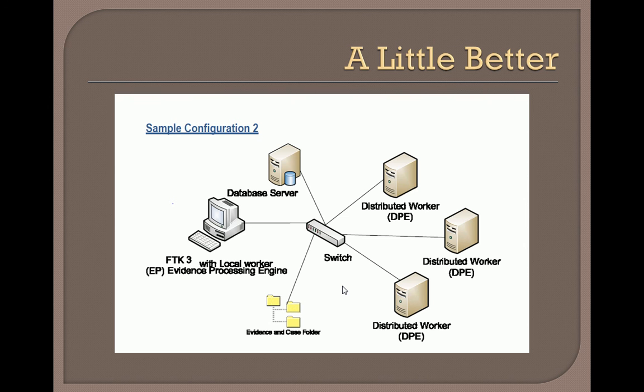Because after all, if you put evidence and case on their own separate machines, you would have 1, 2, 3, 4, 5, 6, 7 machines tied up. Now we have a way of doing it where you're going to have 6 machines tied up, and we recommend, we call it the CPCC ring, we recommend in our ring the 6 machines be used for distributed processing, assuming you're going to use 3 workers. If you're going to use all 3 workers plus the header, we wouldn't recommend any less than 6 machines.